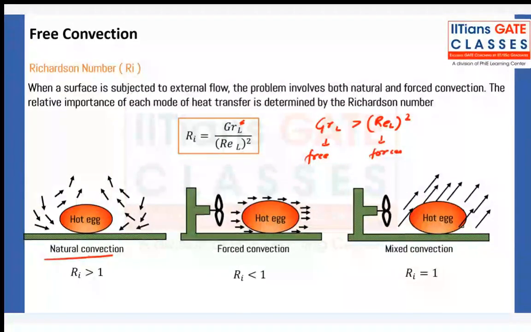If it is less than 1, it is opposite, so forced convection is dominating. If it is equal to 1, it is mixed, meaning forced and free convection are of equal importance.